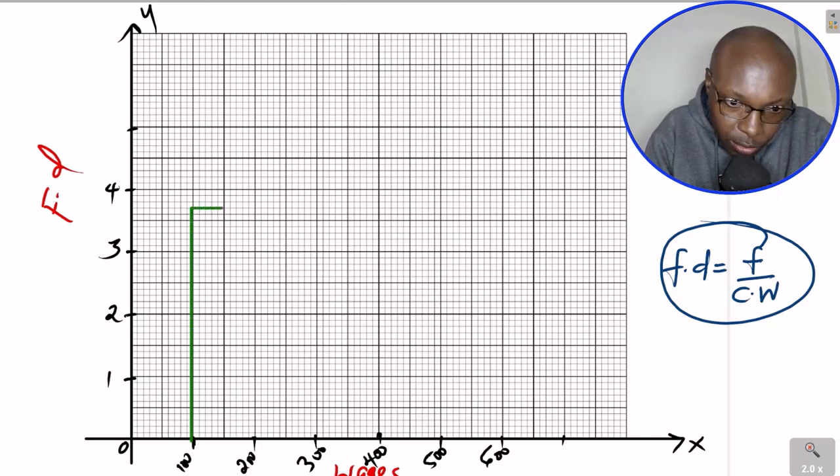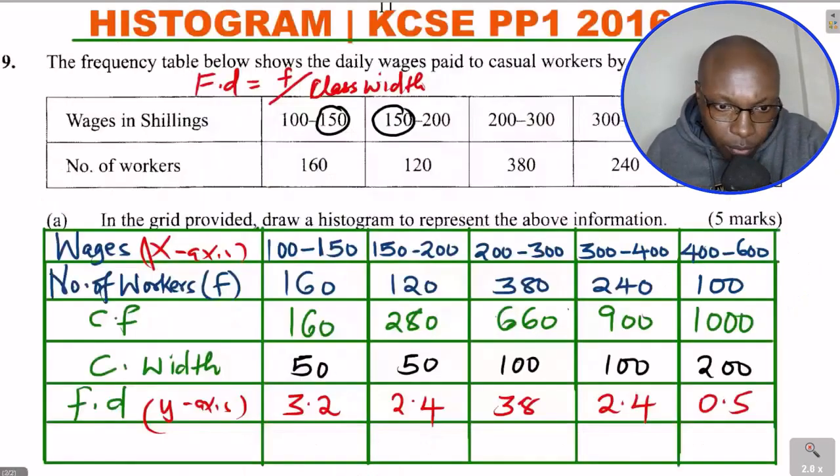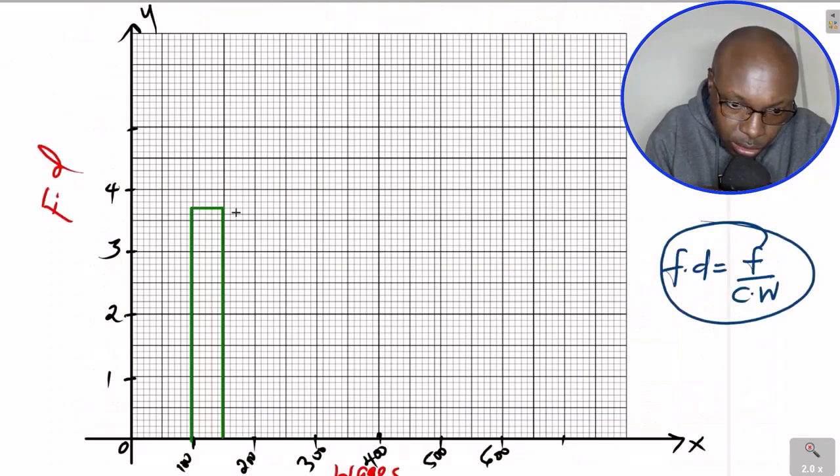Then 150 is between 100 and 200, so you draw it like that. The second one is from 150 to 200, that is 2.4. The frequency density is 2.4 is there.